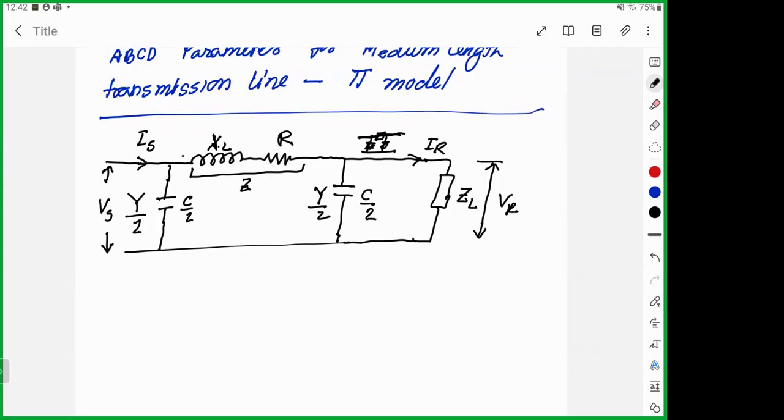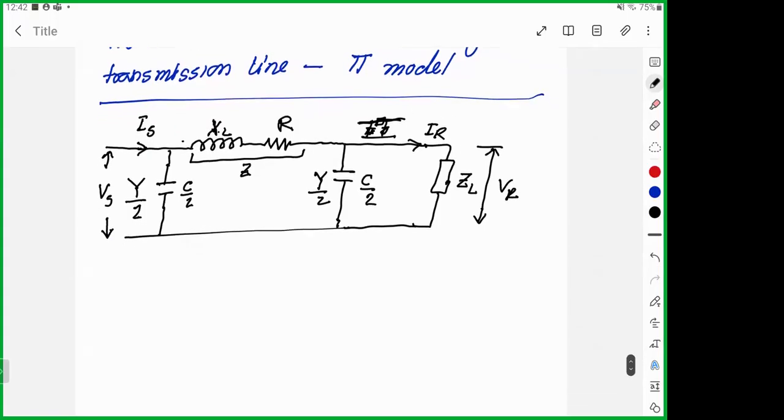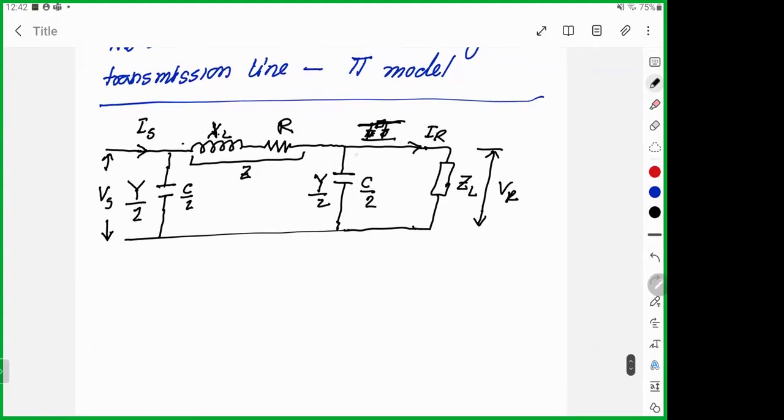For the voltage parameter, the circuit is simplified, but this current is divided.